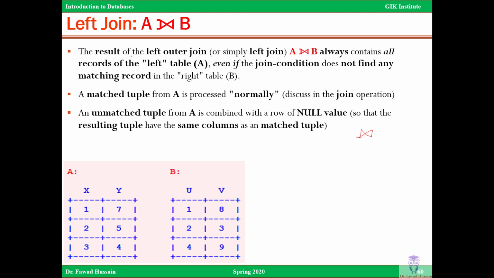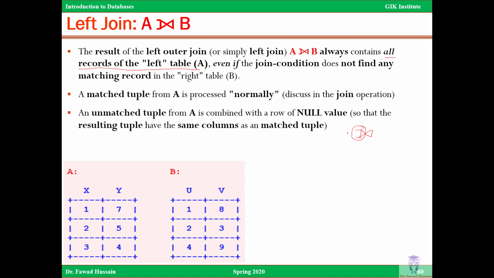So the result of the left outer join, A left outer join B, always contains all records of the left table. When I say a left outer join, it means everything in the left table will be there in the result, but for the right table, only those rows that have matching entries in this table are going to be included.